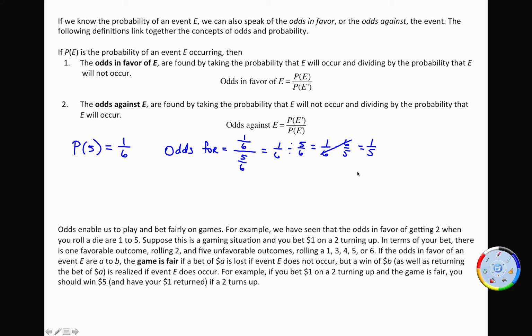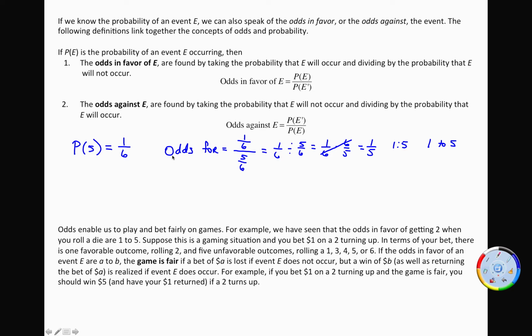Typically, to keep odds and probability separate, we usually write odds in ratio form as 1 to 5.